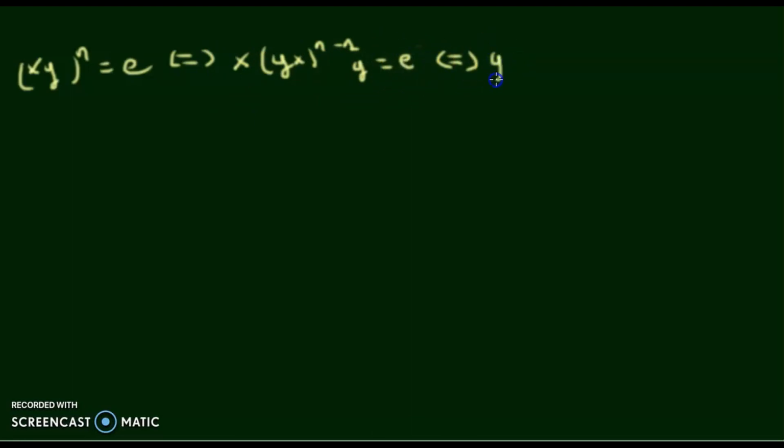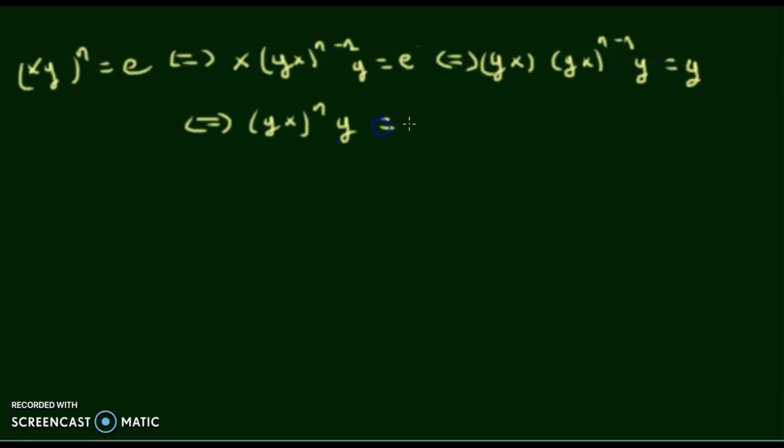So I'm going to have yx to the power of n minus 1, times y, equals the neutral element times another element of the group, which is the same element, so equals y. So since multiplication is associative, I'm going to multiply this by this. This will give us what we're looking for: yx to the power of n, times y, equals y.